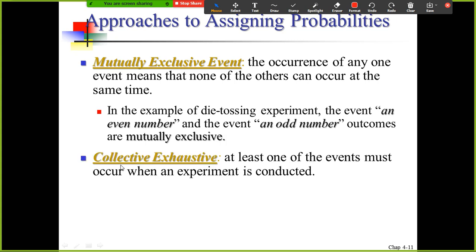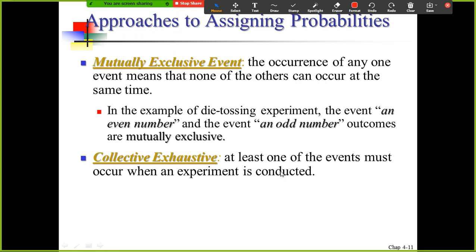Collectively exhaustive: at least one of the events must occur when an experiment is conducted. Or when we do one experiment, at least one outcome must come. There is no zero outcome. At least one outcome means it could be 1 or 2 or 3 or 4 or 5 or 6.